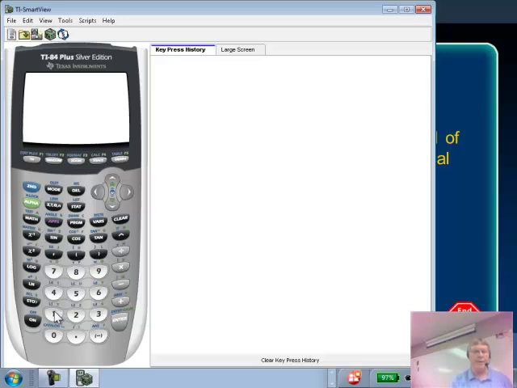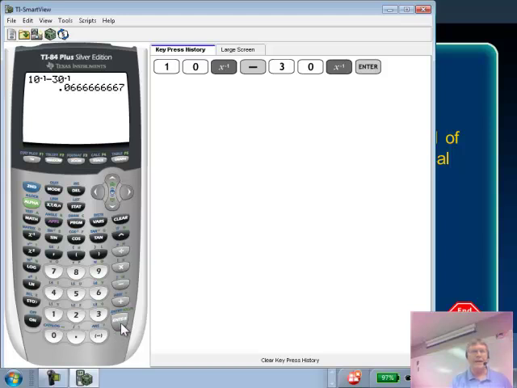So if we put these numbers in, the first number we have is 1/10. So we do 10 x to the minus 1 minus 30 x to the minus 1. So that gives us 1/10 minus 1/30, and that's equal to that.